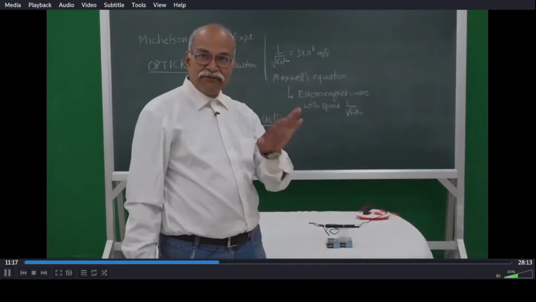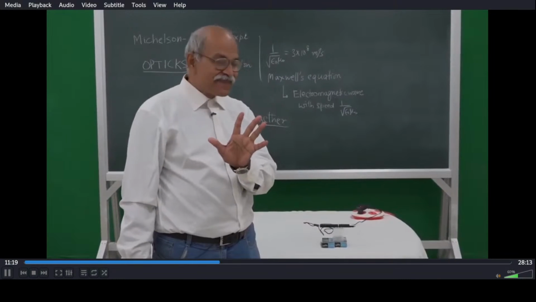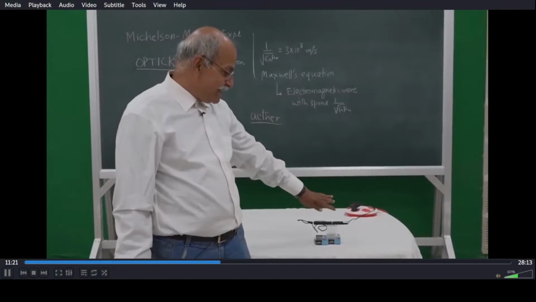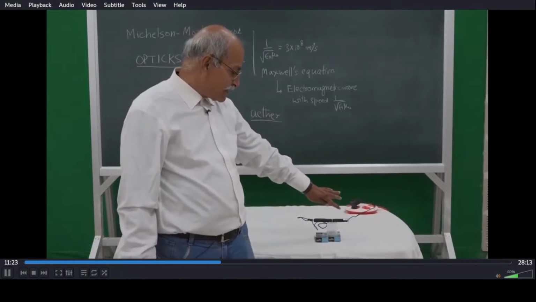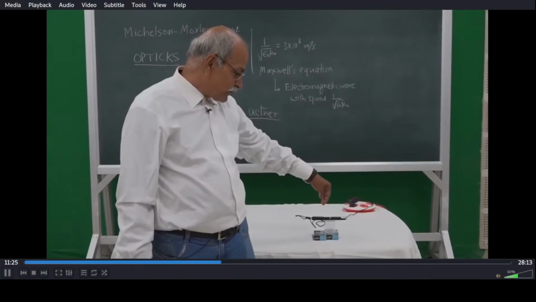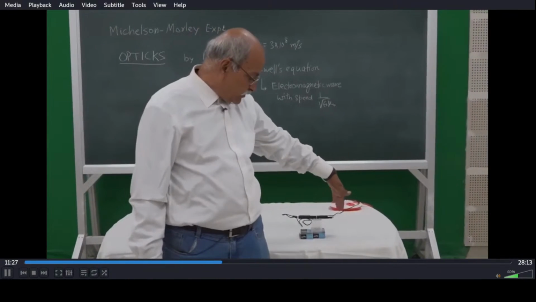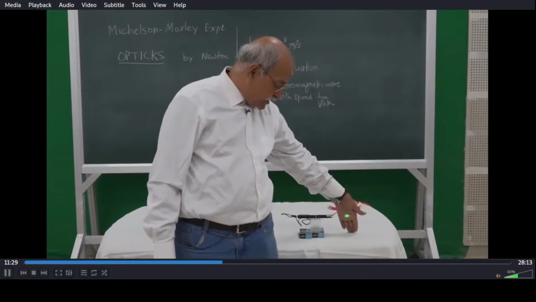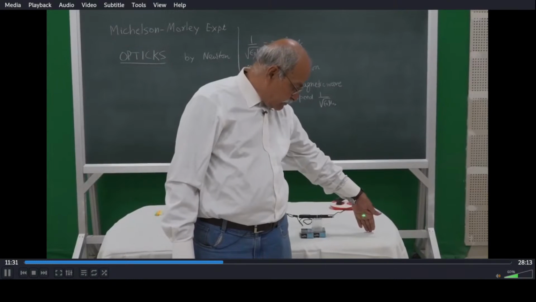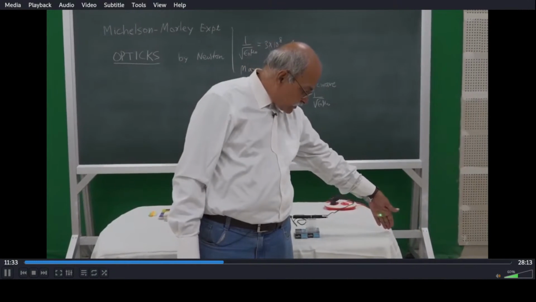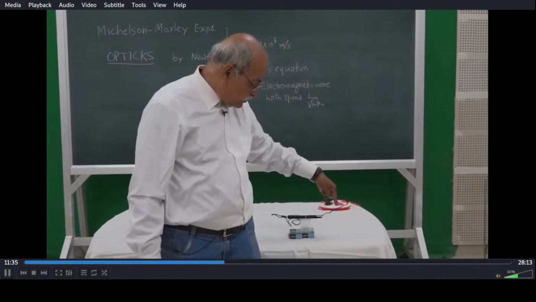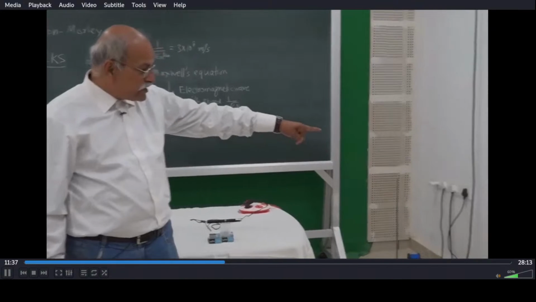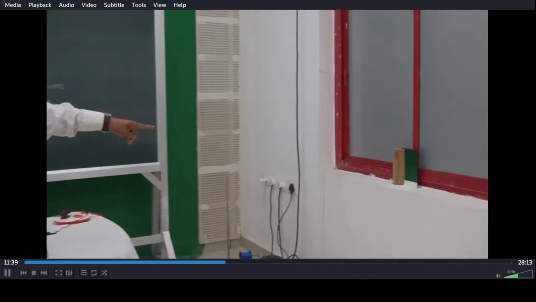It is a very simple apparatus. Here is a laser torch. We are giving some power to it, and the laser is already on. You can see it here on my hand. You have a spot, and the beam is going this way, and then it is falling on a plane mirror.